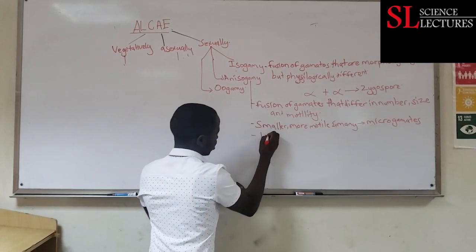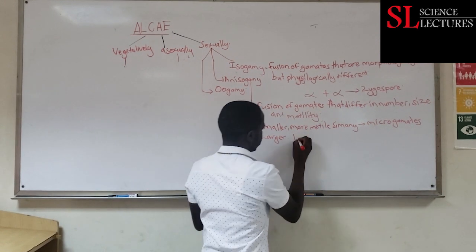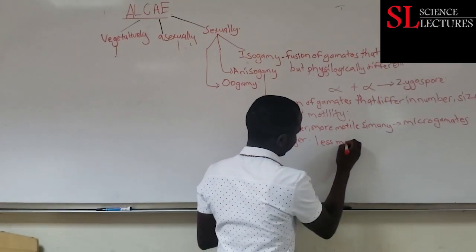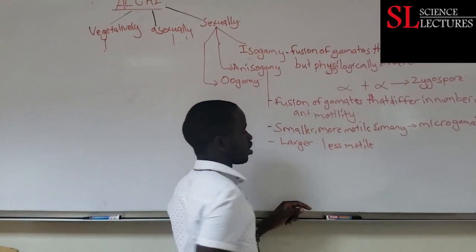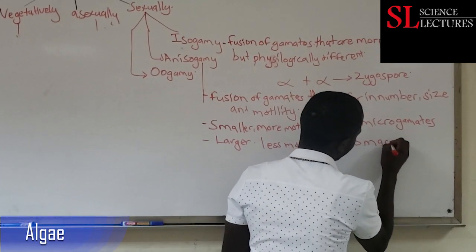And the larger in size, less motile, and smaller in number are what you call the macrogametes.